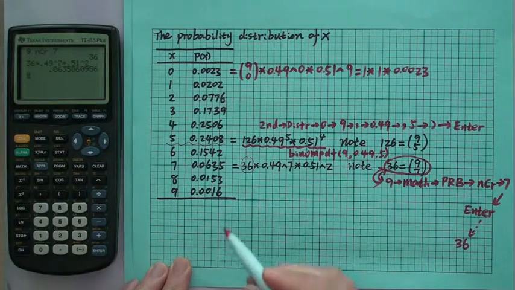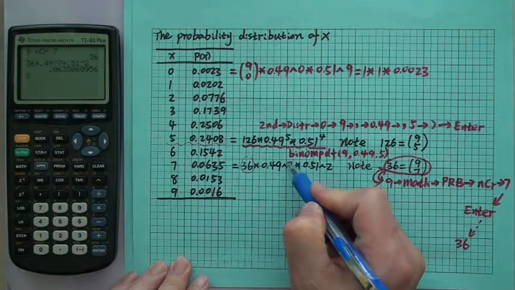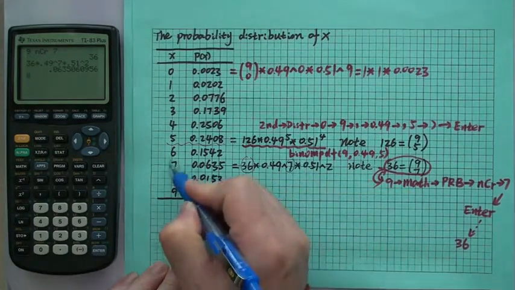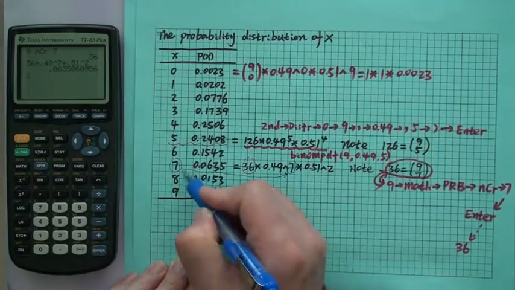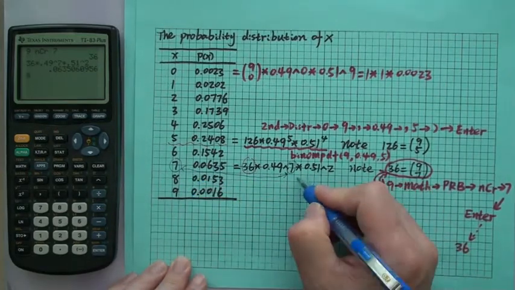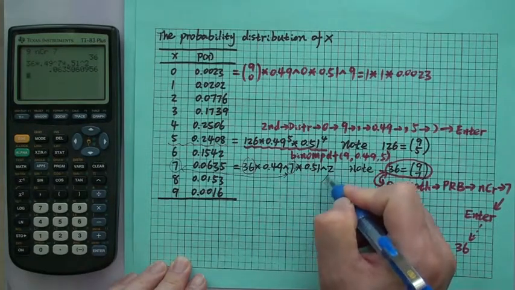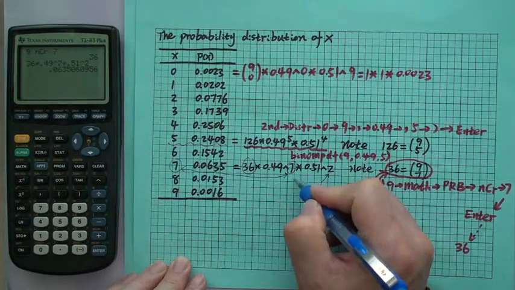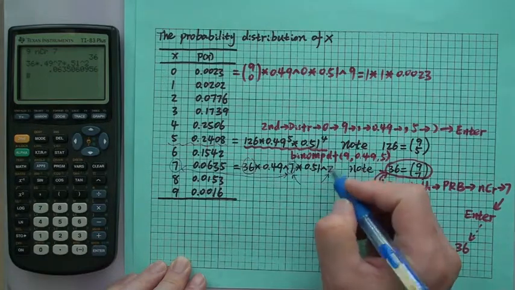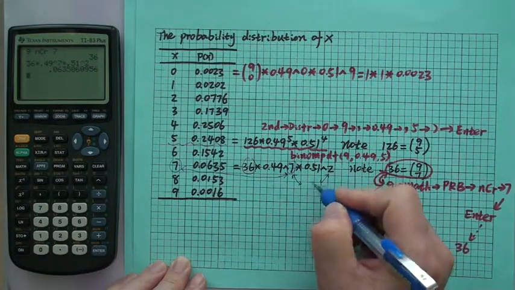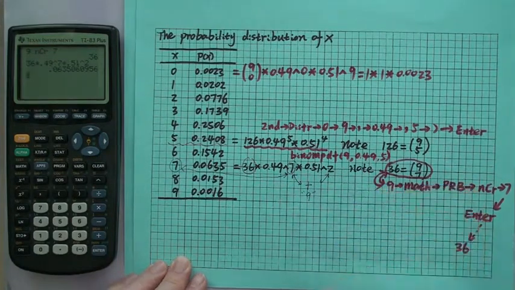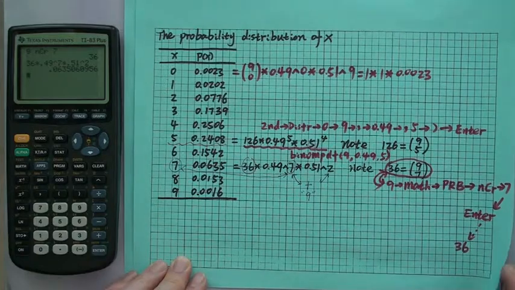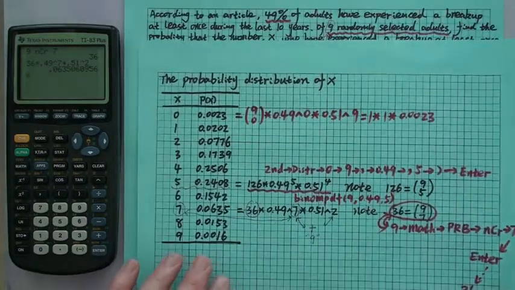Remember, here the 2 is because if you add it together with 7, it is 9. 9 is the total number.